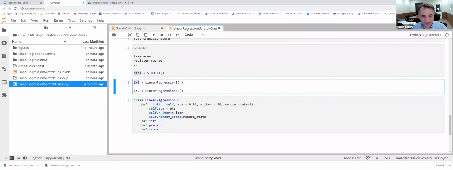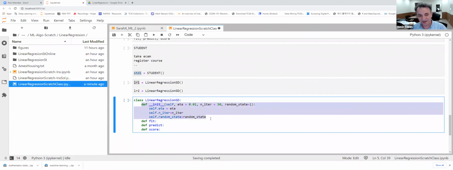Okay, so this is a standard built-in function that we have to define any time we are creating a class. Again, this init function will be different from one class to another. Okay, so now let's work on fit.